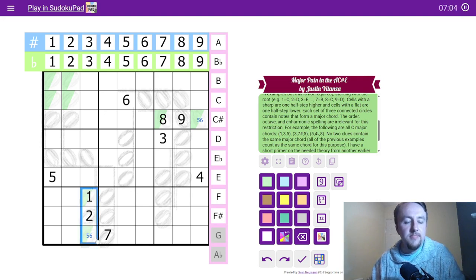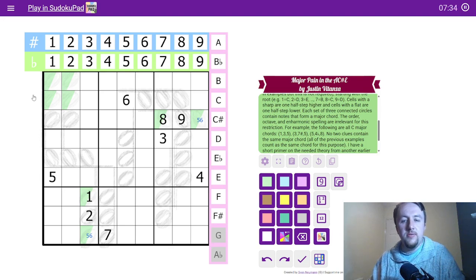So I don't think 1 and 2 can go on the same triad anymore because the only thing they could be would be a B major triad, but that would require 2 sharps or 2 flats in the same box. So 1 and 2 are in separate columns here, which means they must be in separate columns in box 4, but I don't think that's relevant right now.